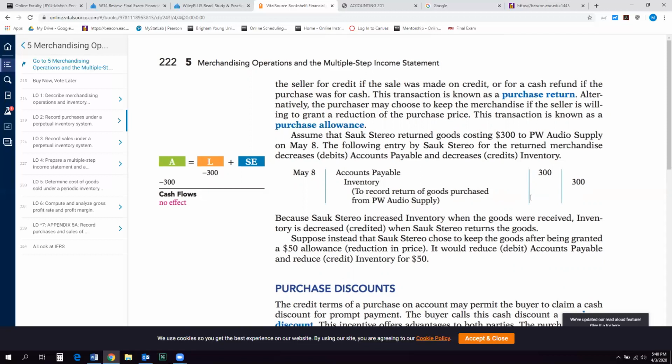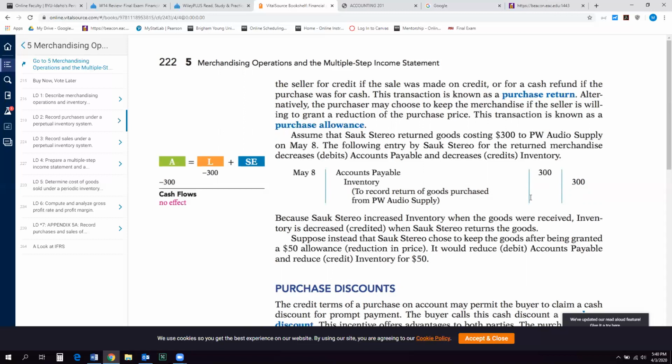Whereas, unlike a periodic system, where in the periodic system, we have to record all those things down so that we can figure out our net purchases, right? Because we use purchases as part of the calculation of our cost of goods sold under a periodic system.